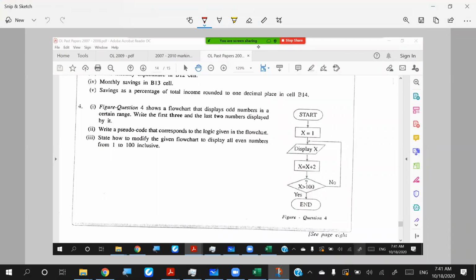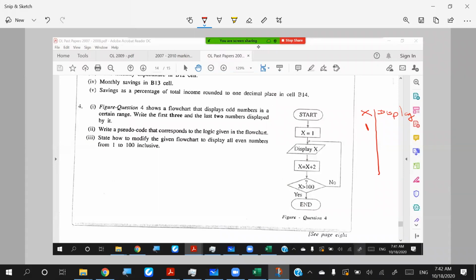All right, so they are asking for the first three and the last two numbers. To do this, we need to do our hand tracing part. So let's start. X equals 1. When you are hand tracing, you need a column for each and every variable. So you take a column for X and it is given 1, and then it says display. If it says display, you need a column for the display as well.